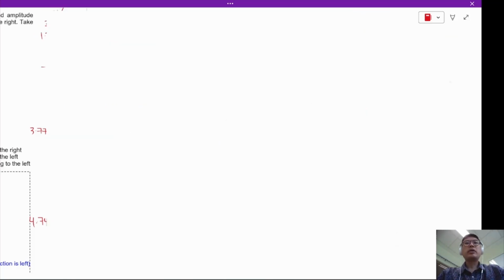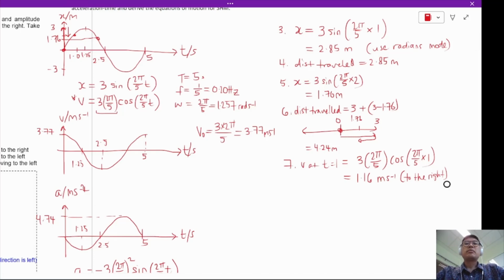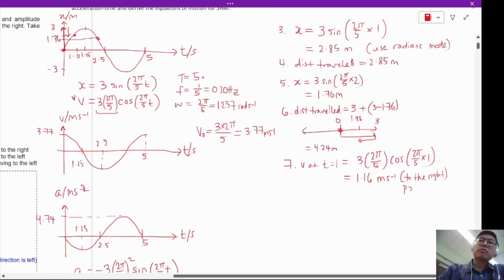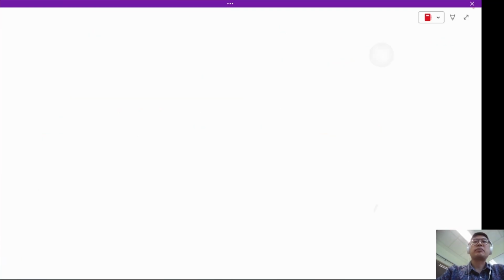Now, we work out the number in a calculator and we get v equals 1.16 meters per second. The reason why it's to the right is because it's a positive value. And we did say that any positive values are considered to be to the right. So you can see that over here, this is 1.16 meters per second to the right.